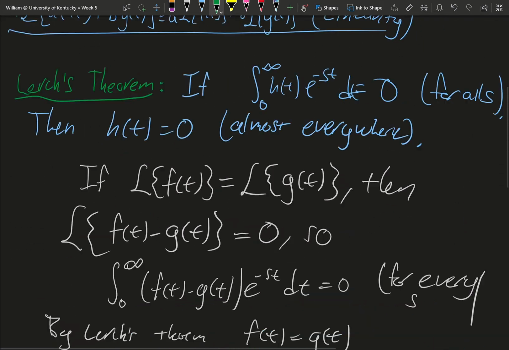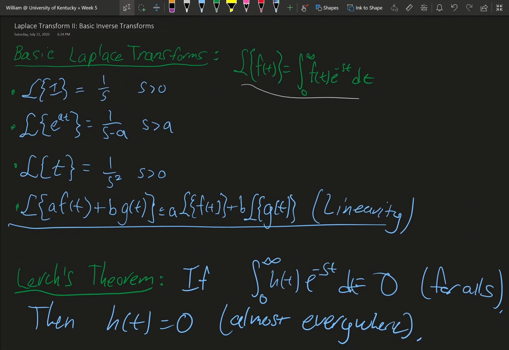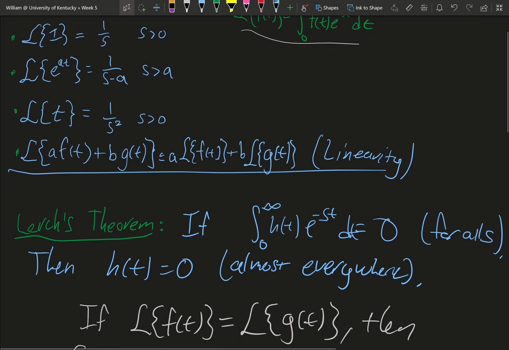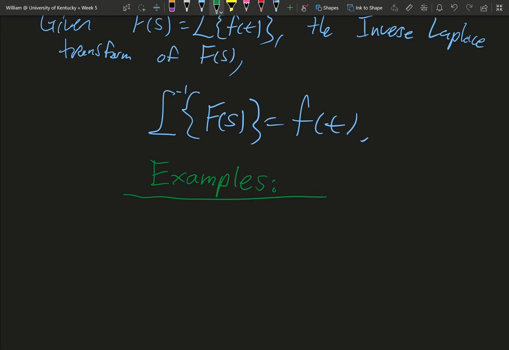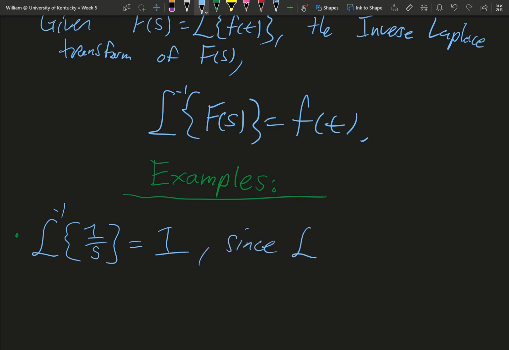So looking at the examples we know already for Laplace transforms, this lets us know automatically a couple of instances of the inverse Laplace transform. First, the inverse Laplace transform of 1 over s is just 1, because the Laplace transform of 1 is 1 over s.